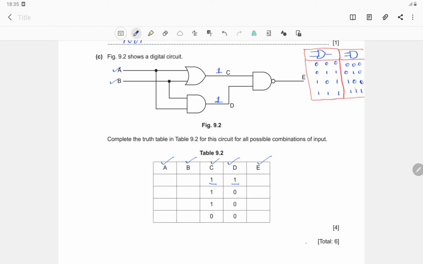To make it easier to understand, I have included the truth tables of the OR gate and AND gate, as you can see. Now let's check. In order to get 1 as the output of an OR gate as well as 1 as the output of an AND gate, what should the inputs be? Here you can check in the truth table, as both gates' outputs are 1 and 1.